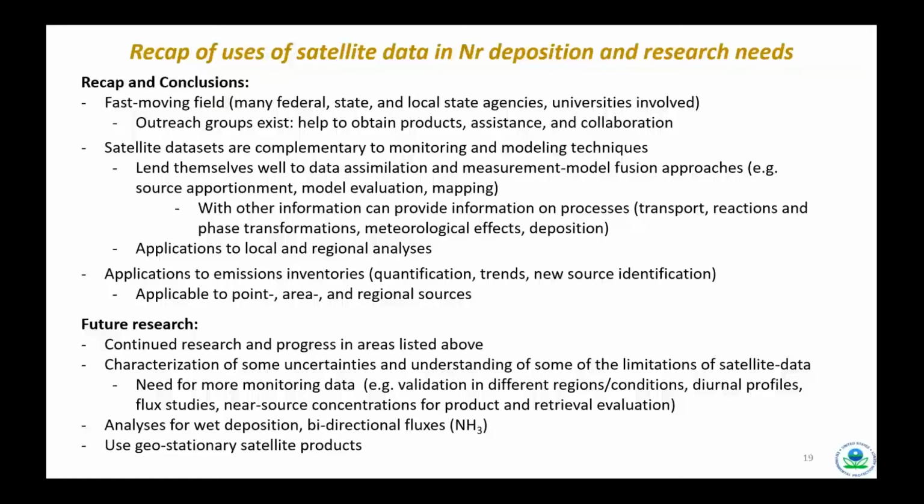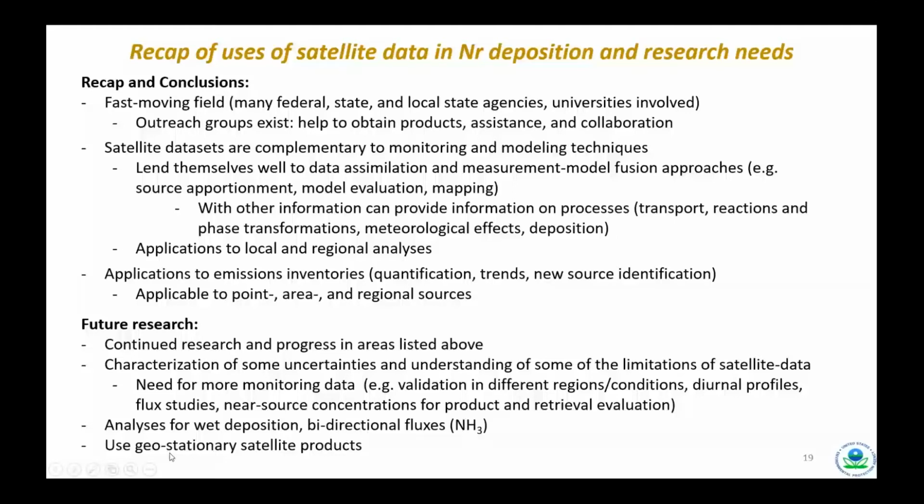So for future research, I think continued progress on all this. I think there's been a lot of good work done, and maybe some more characterization of uncertainties, and some applications that maybe haven't been fully explored, like wet deposition or bidirectional fluxes for ammonia.